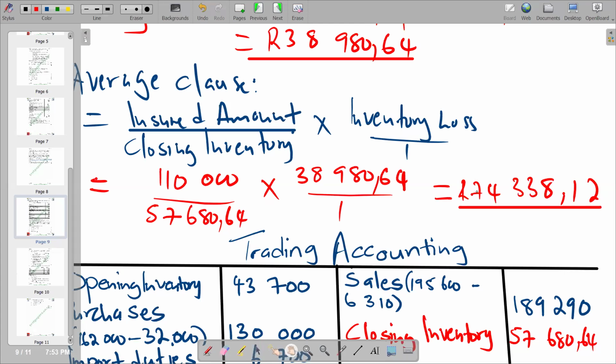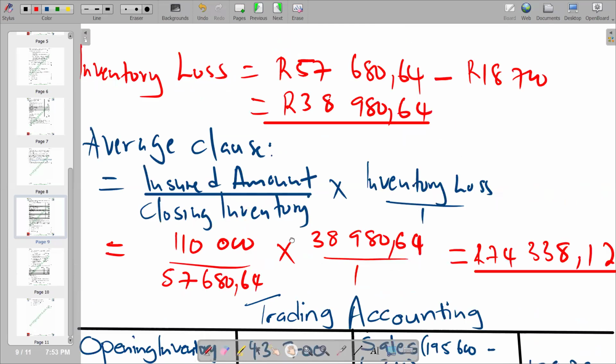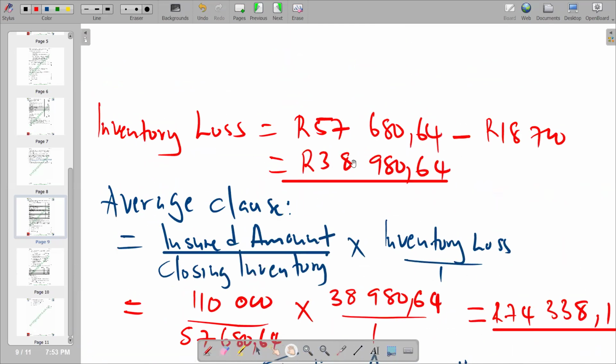So our average clause amount is 74,338 rands 12 cents. And then the insurance claim is 38,980 rand 64 cents. So basically, this is the insurance claim. This is what we have according to this video, and thank you for listening. Let's meet again.